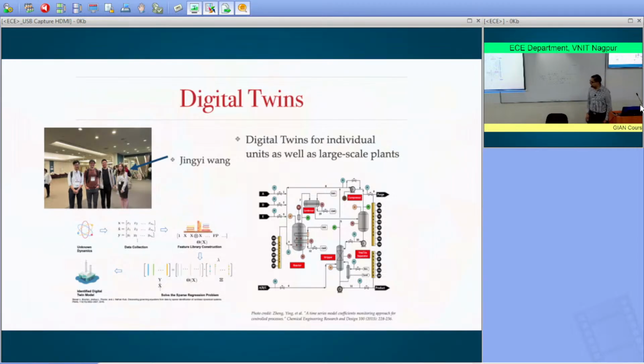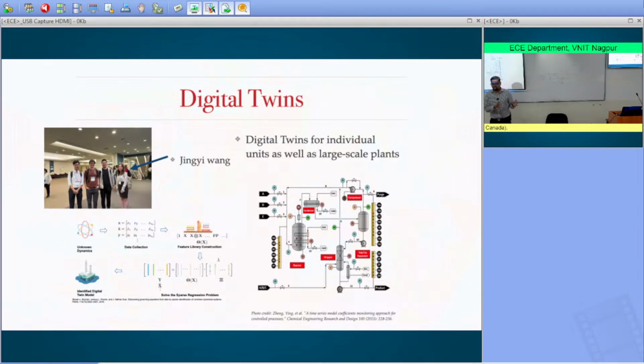What is this? Okay, yeah, that's a great question. Now, you all know what a model is, right? So if you have an individual process, you can build a model, say a dynamic model, right? A digital twin is in some ways like a model, okay, but has other additional features. If you build a model, typically you're not adapting it online.